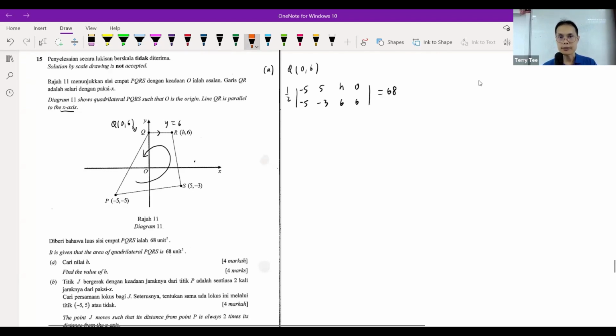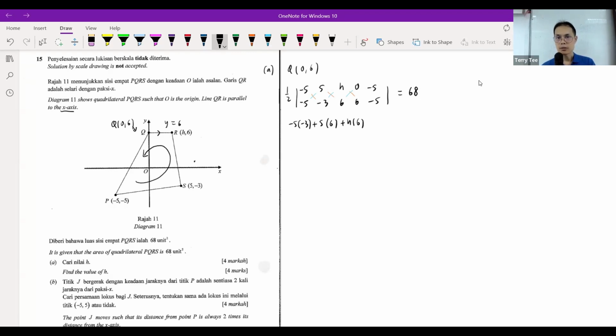Now, remember, we multiply downwards minus multiply upwards. So -5, you multiply with -3, 5, you times with 6, h, you times with 6, right? Then, sorry, you need to repeat the first point. The first point is -5, -5, yeah? x1, y1, x2, y2, x3, y3, x4, y4. Repeat the first point. Answer is 68.